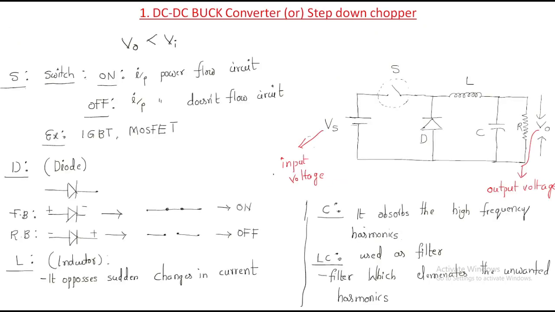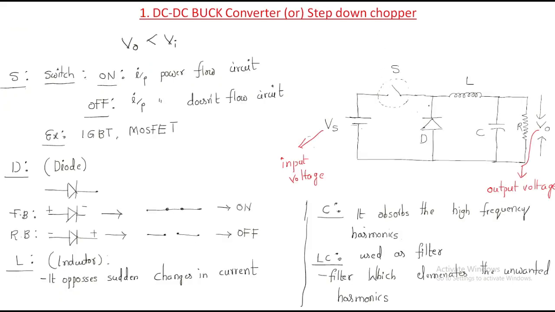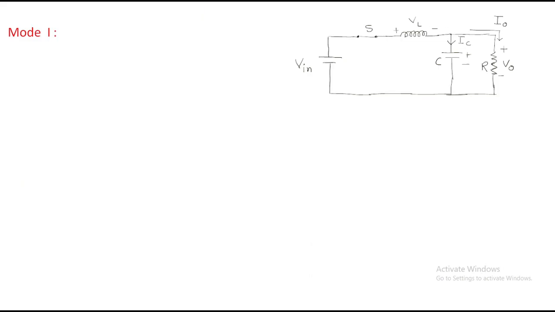Look at here. If the switch is on, this plus will be here and the minus will be here. This diode will be reverse biased, so it will be off. When the switch is on, there is no diode, and the inductor will observe the voltage, represented by VL with the sign of plus and minus.